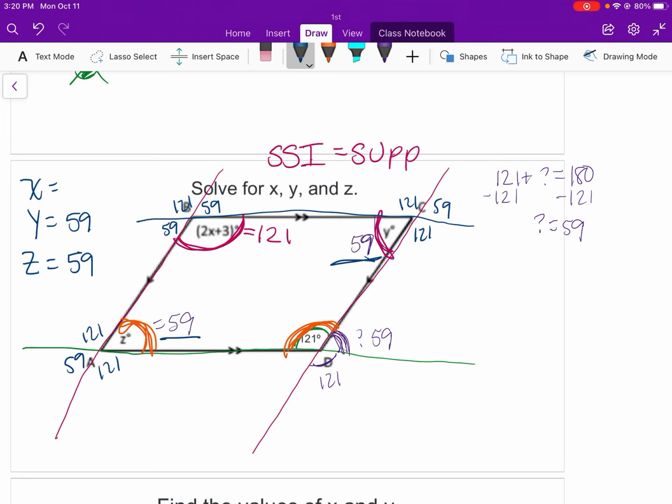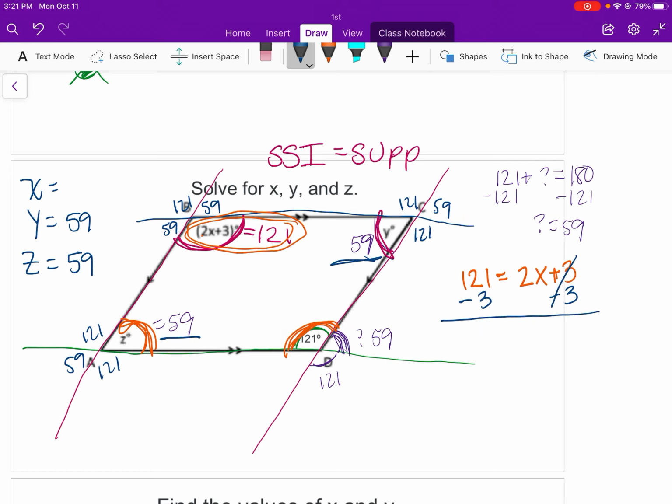Now, however, the last thing we have to realize is that even though this angle is 121, that's not the value of X. We have to find the value of X that when multiplied by 2, and then we add 3 to it, gives us 121. So 121 equals 2x plus 3. To solve, step 1 is I'm going to subtract 3 from both sides.